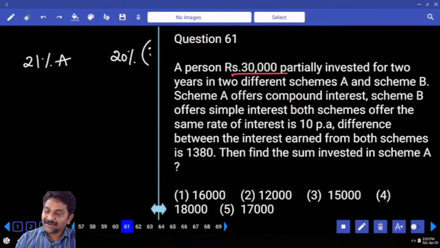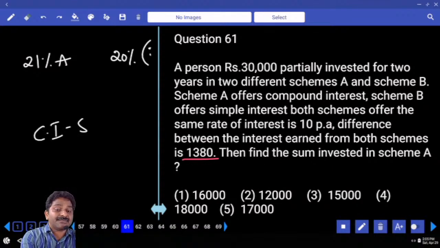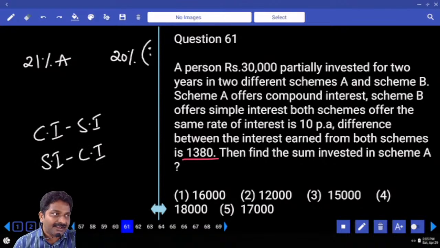And they said the difference of amount is 1380. Difference of A comma B in the sense it may be A minus B or B minus A. So that means compound interest minus simple interest may be 1380, or simple interest minus compound interest is 1380.